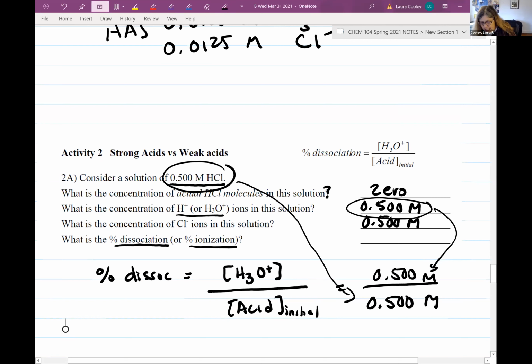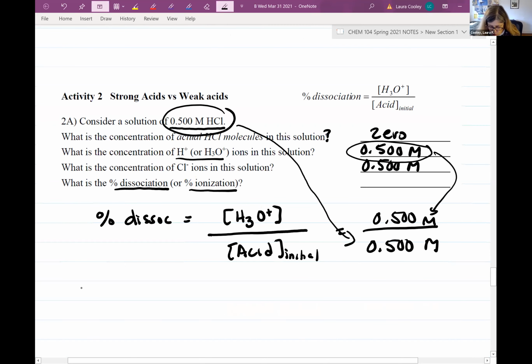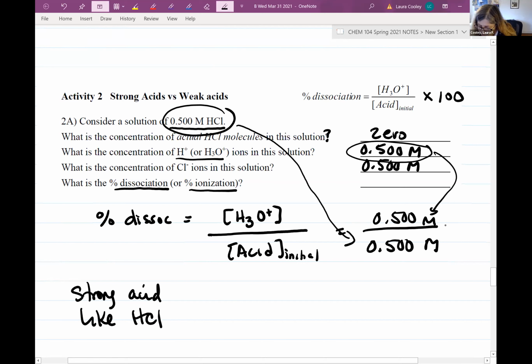So what you can see is that in the case of a strong acid, like hydrochloric acid, if you multiply this, I should have written times 100. So this is 1 times 100 or 100%.